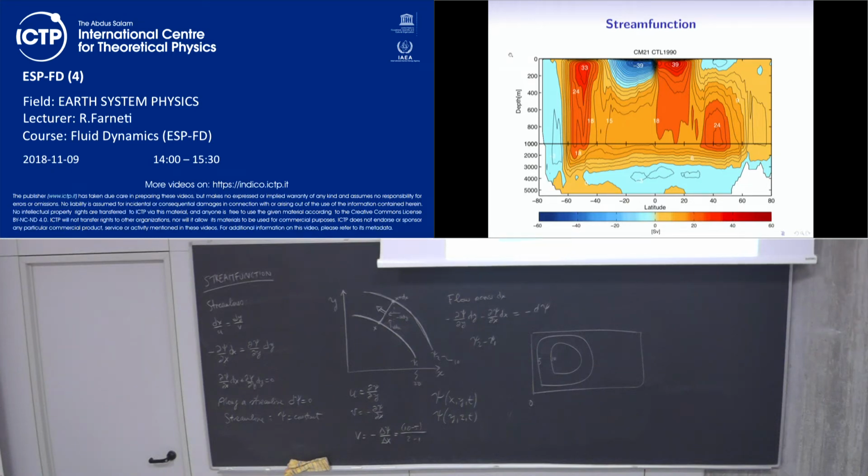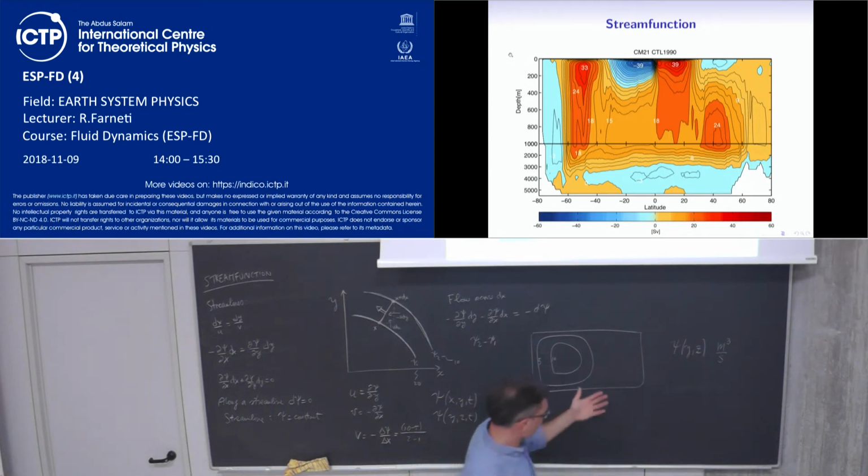So this is the global meridional overturning circulation, and it's integrated zonally and then integrated vertically to get the total mass flux or volume flux in the ocean. When you do that, you end up with a stream function psi, which is a function of latitude and depth, and the units, after integrating, are meters cubed per second.